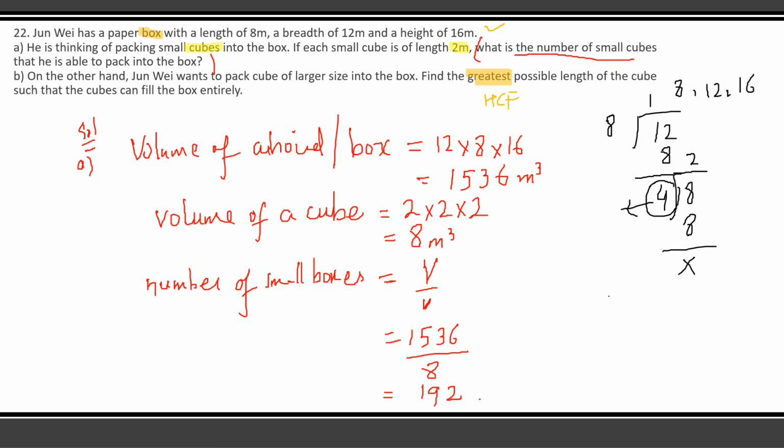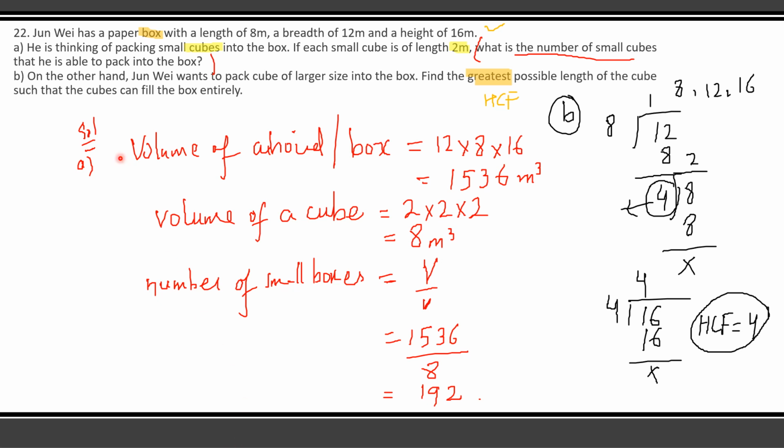Now I will take the HCF of 4 and 16, and whatever I get, that will be my answer. 4 4 is 16 basically. That means the HCF is 4, by which we get the answer for the second question, part B, that cubes of length 4 meters can fill the box entirely.